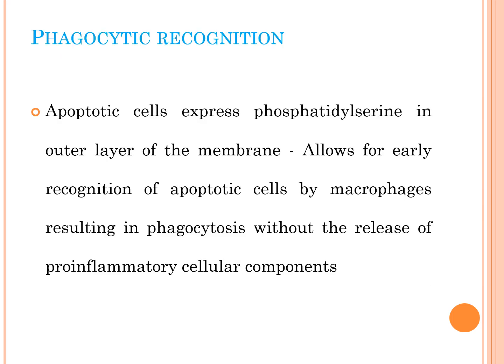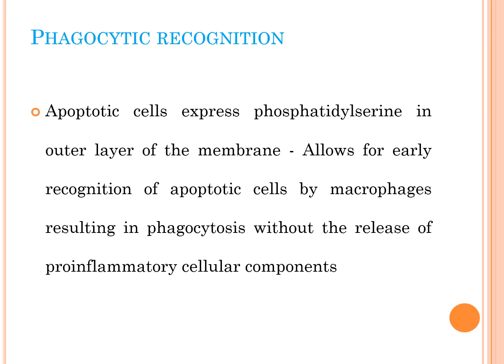So phagocytic recognition also takes place in the apoptotic cells. How? Apoptotic cells express phosphatidylserine in the outer layer of the cell membrane. So this phosphatidylserine will be recognized by the macrophages. This allows for early recognition of apoptotic cells, resulting in phagocytosis of the apoptotic cell by the macrophages without the release of pro-inflammatory cellular components.